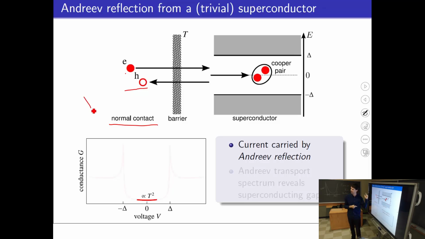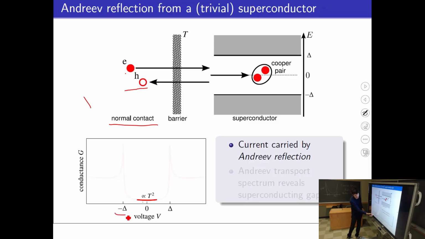Plus charge going this way is like minus charge going this way. And so there is a continuity here, current just 2e going all the way through. So this is called Andreev reflection, meaning electron comes in, hole goes back. That's Andreev reflection. And Andreev reflection allows you to have a little bit of current inside the gap.